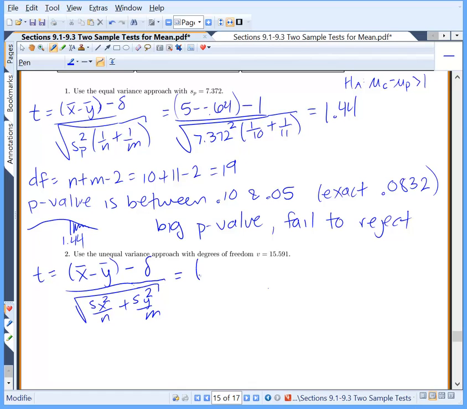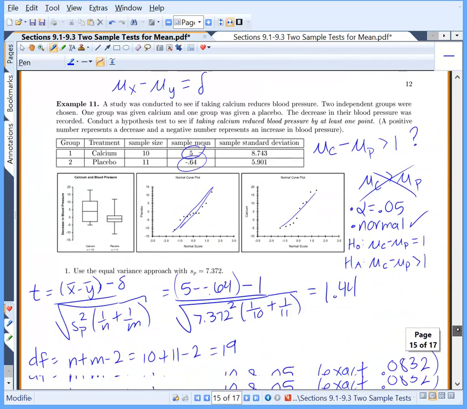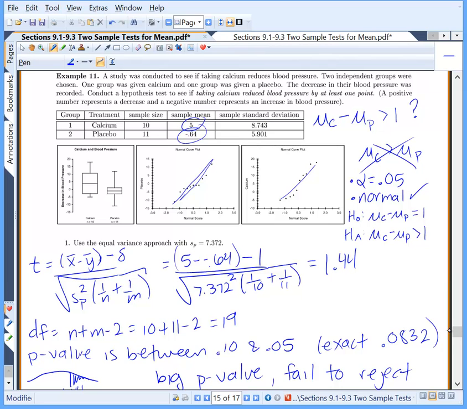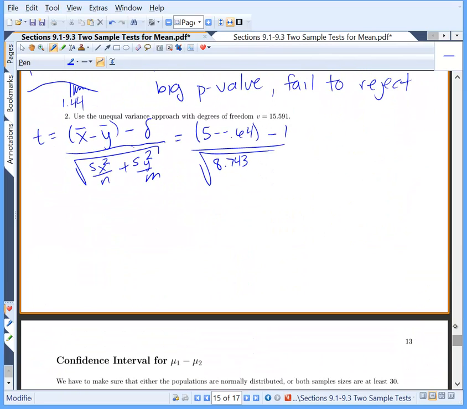Let's plug everything in. So again, it's 5 minus our negative 0.64 minus 1 over the square root. So my first standard deviation is 8.743. When you look back up at the table, notice they gave you standard deviations, so we will need to square it because we're supposed to have variances.